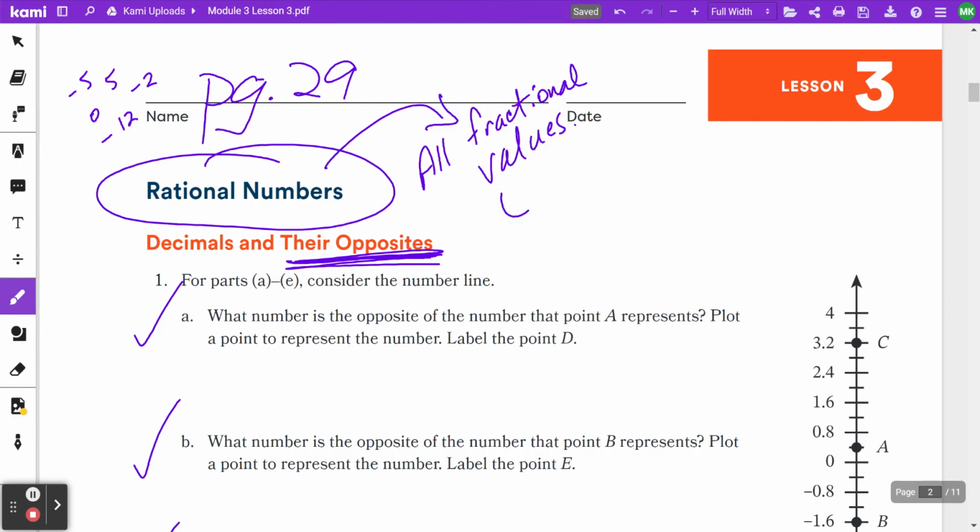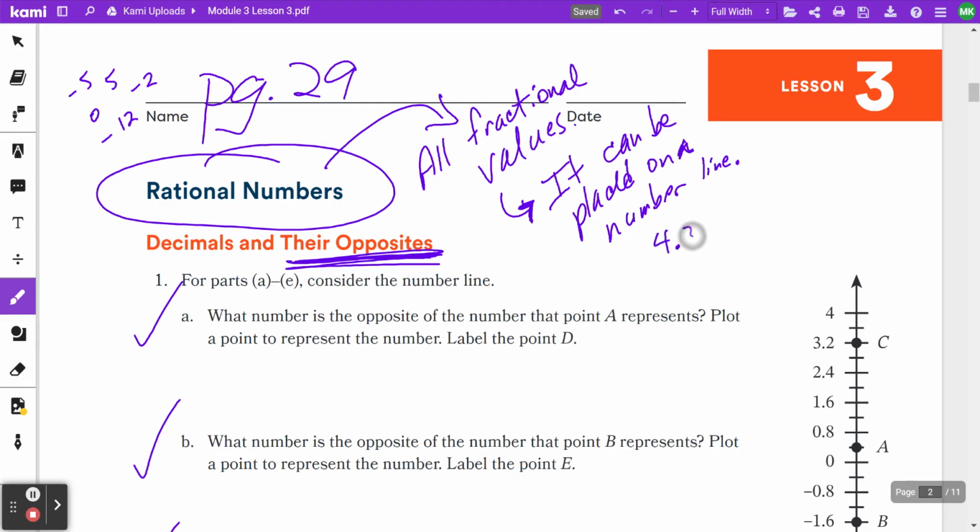Basically, what I like to say is if you can plot it on a number line, then it's a rational number. Now, what can't be put on a number line? Those are values like a repeating decimal, like 4.3 repeating.